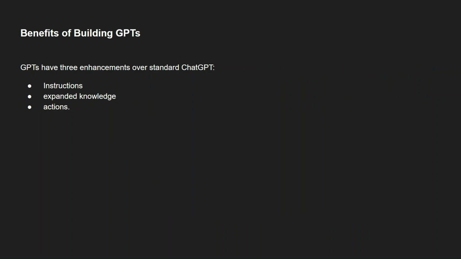Following this, GPTs have three enhancements over the standard GPT. One is instructions. If you have used Character AI, that's the closest to instructions. Two is expanded knowledge. If you haven't heard of RAG, we are going to go about it later on, but that's basically what it is. The third one is actions, which is like AGI.